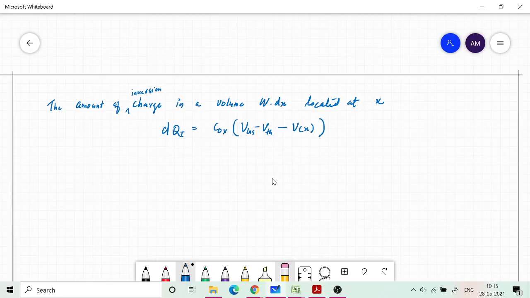So this was our charge density. If you multiply it with the volume, we will have the total charge inside that strip of width dx.